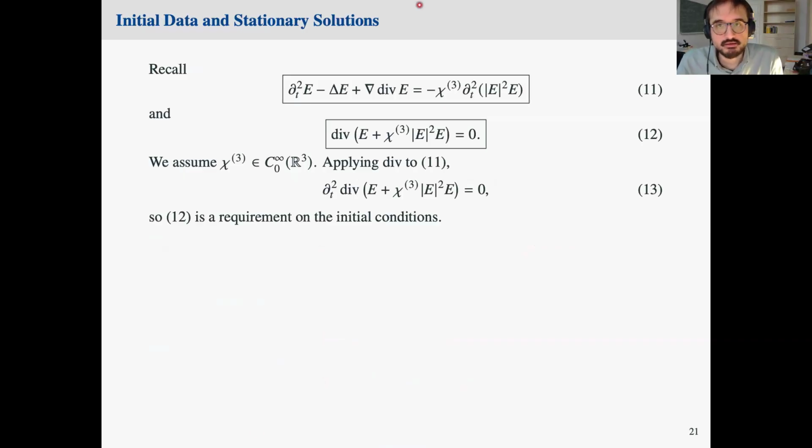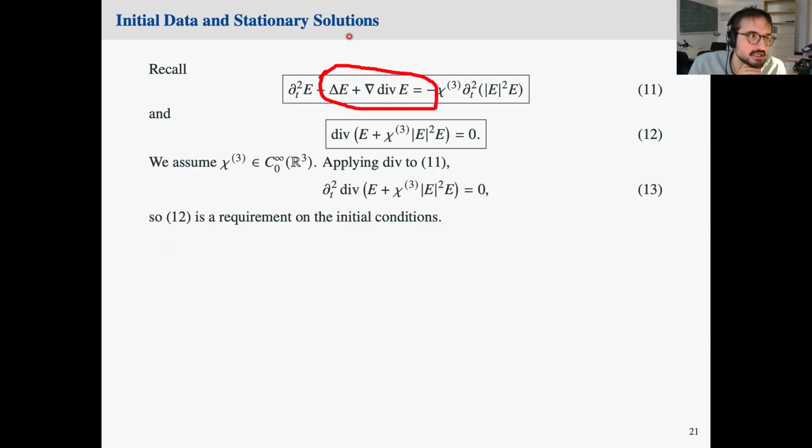Okay, so again, recall we wanted to solve this equation over here with a divergence-free condition at 0. And you can observe that if you apply divergence to your equation 11, you actually see that the difference of these two terms cancels.